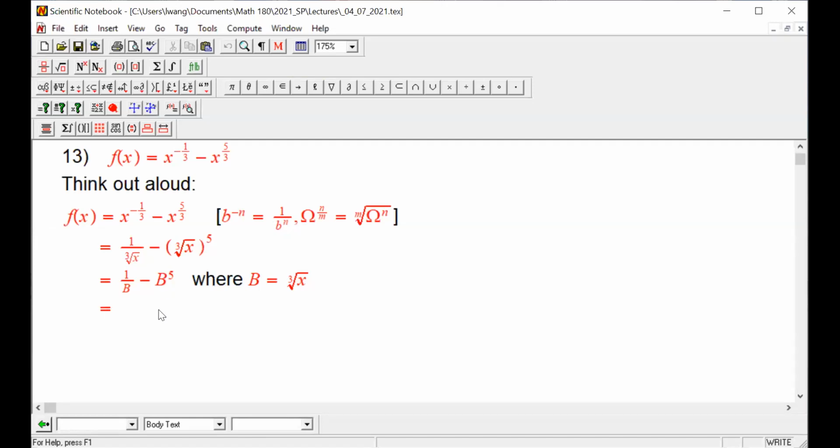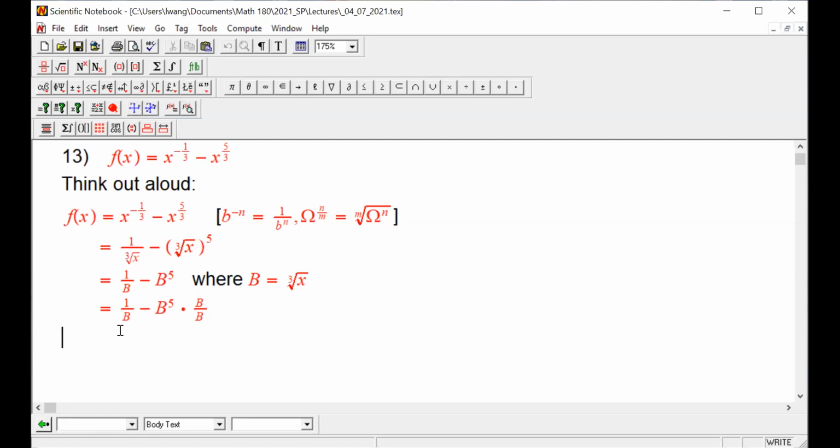Common denominator, right? The common denominator obviously is b, so I have a b to the power 5. In order to get that common denominator, I just have a b over b. Remember, in the whole process we're trying to determine the domain, so we're going to come back to it.